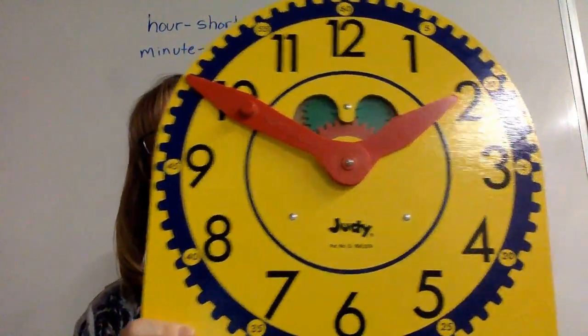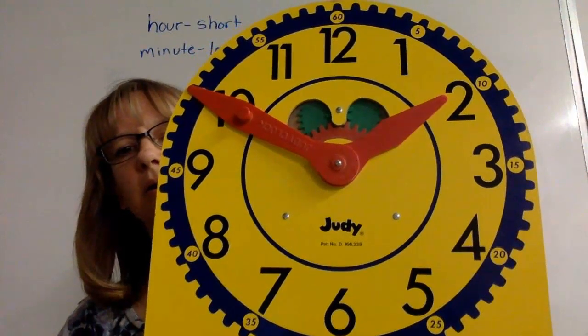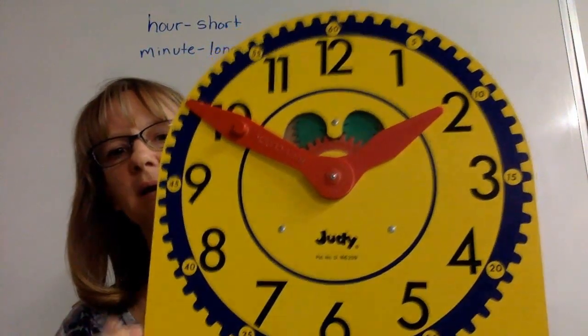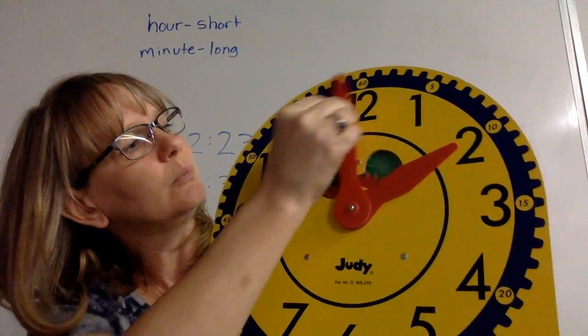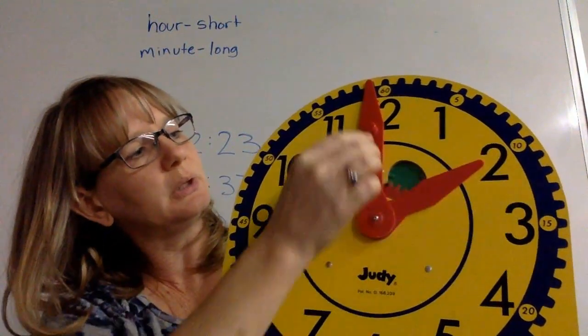Okay, we're back to our clock here, and I want you to notice that we can count by fives easily when we start up here, and we are at 2 o'clock.